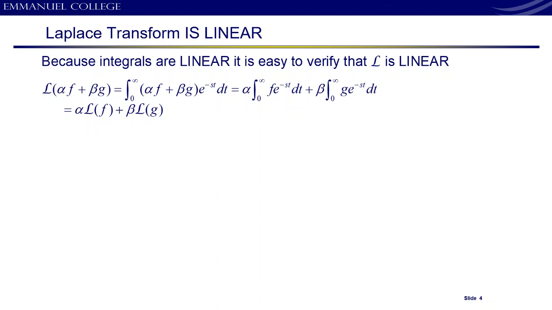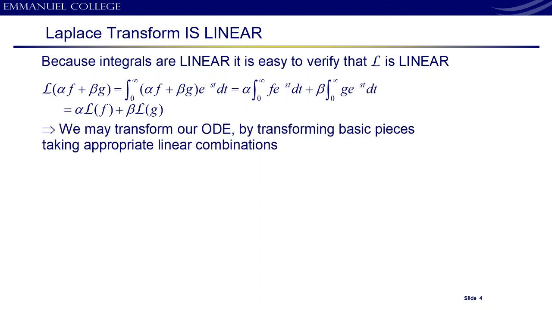Integrals split over a sum. And now you have the definition of a linear function. And so what we're going to do with Laplace transforms is just do those basic operations and then a linear combination of them.